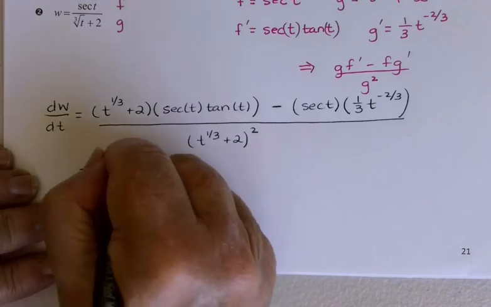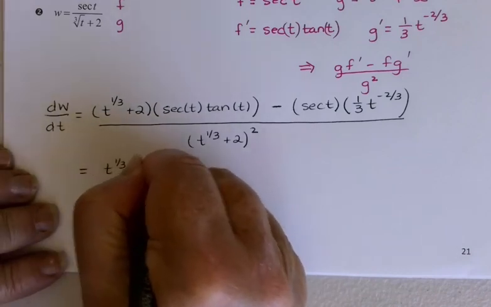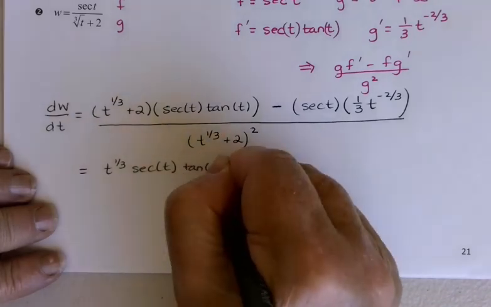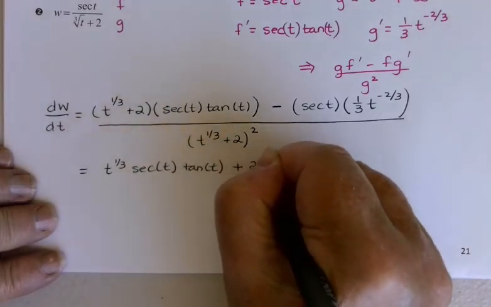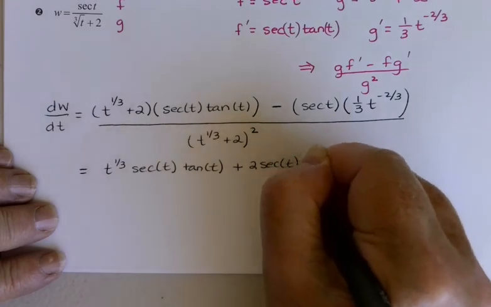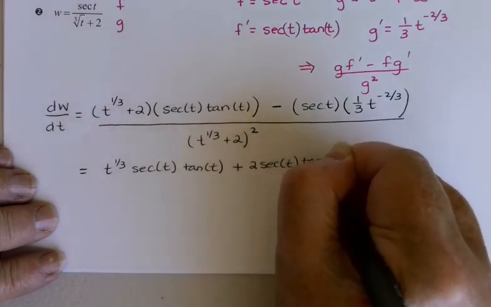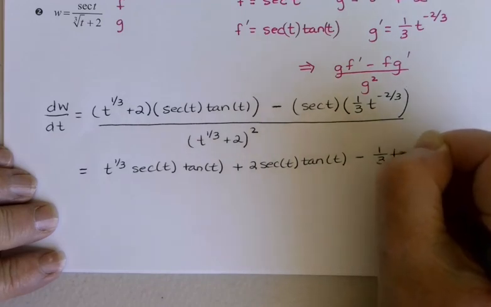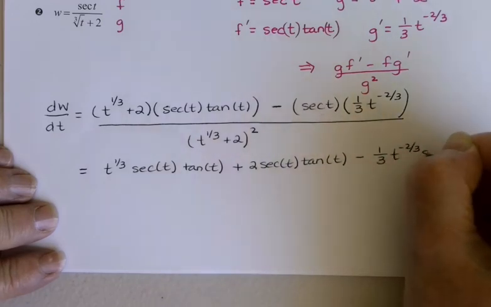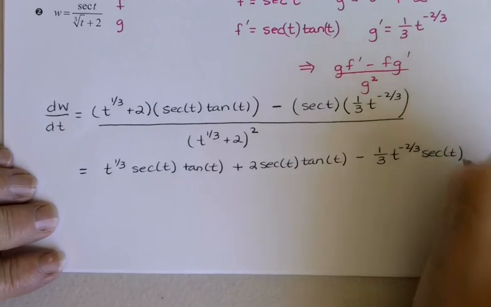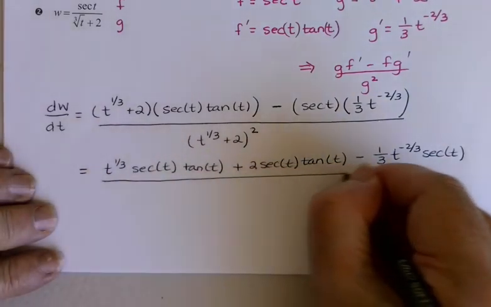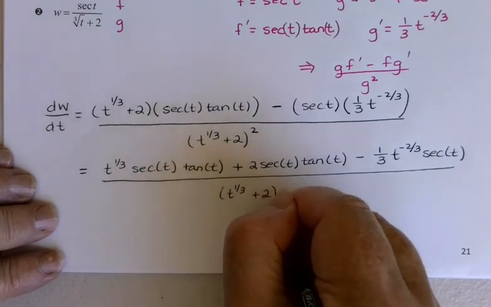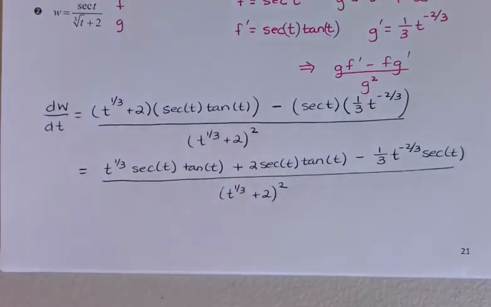So I'll have t to the 1/3 secant t tangent t plus 2 secant t tangent t. And then I have minus 1/3 t to the negative 2/3 secant t over that denominator, t to the 1/3 plus 2 squared.